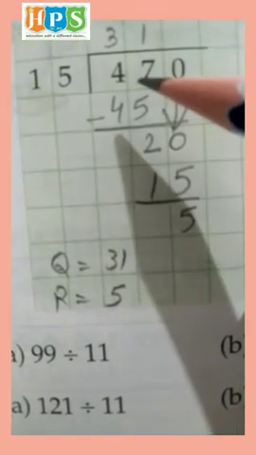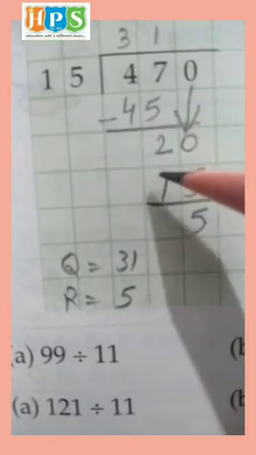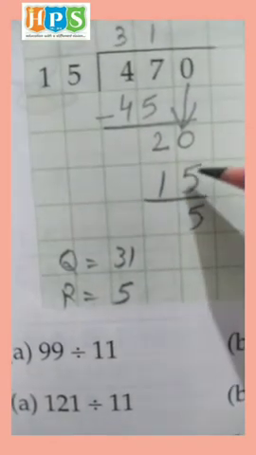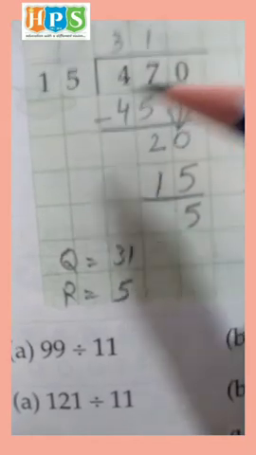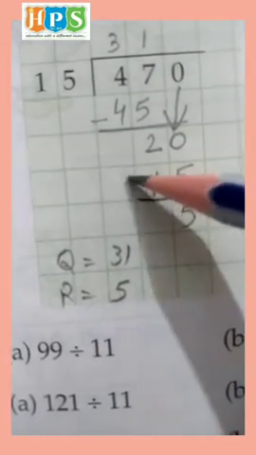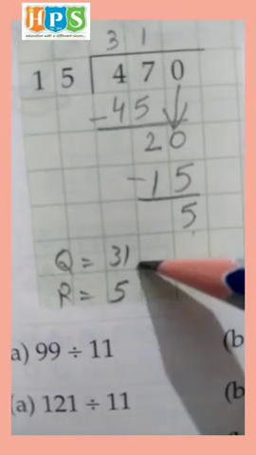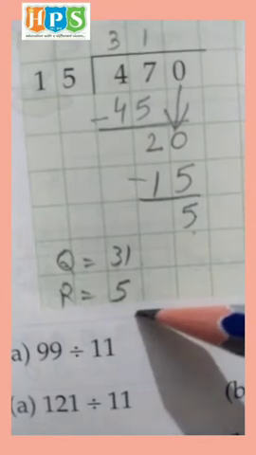We subtract 47 minus 45, 2. We write the next digit to make 20 and 15 ones are 15. 20 minus 15, 5. So the quotient is 31 and remainder 5.